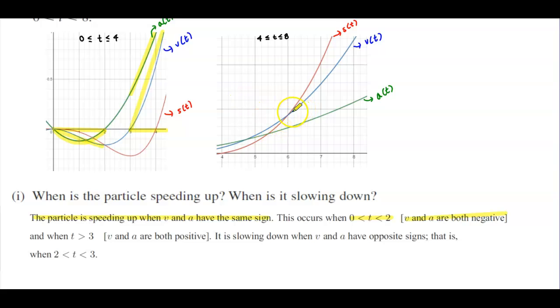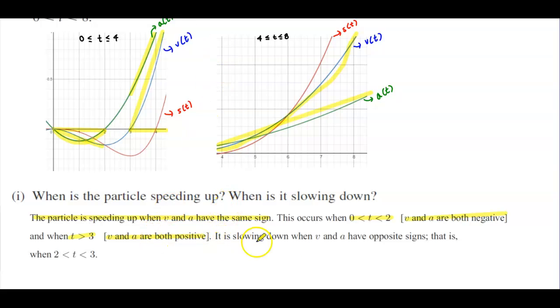And you can see that it continues all the way above the x-axis, for the velocity function and also for the acceleration function. So that means when t is greater than 3, the velocity and acceleration are both positive. They both have the same sign. So therefore, it's speeding up during those times.